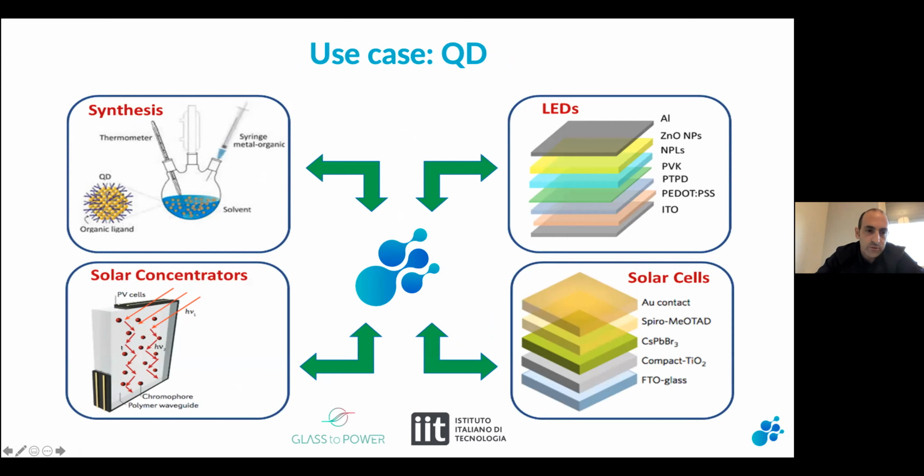So one is creating photovoltaic windows, another one is creating LEDs, and the third one is creating solar cells. So the quantum dots are synthesized in both Glass to Power and IIT, where Glass to Power would take these quantum dots and implement them within a polymeric matrix and create solar concentrators, where the photovoltaic modules are located at the edge of the window on the frame.